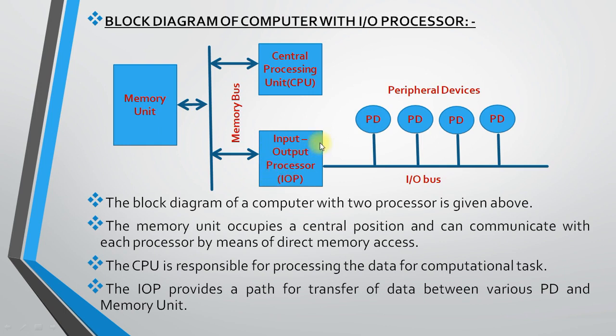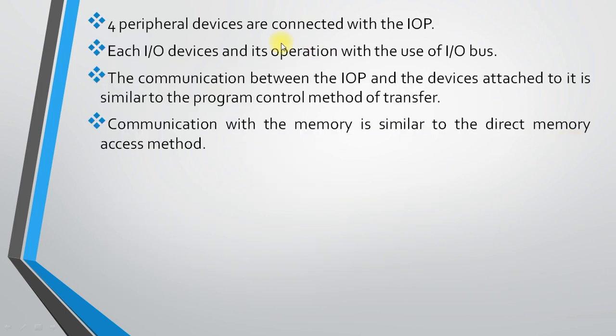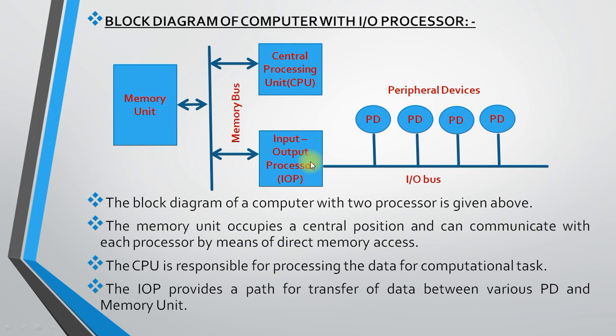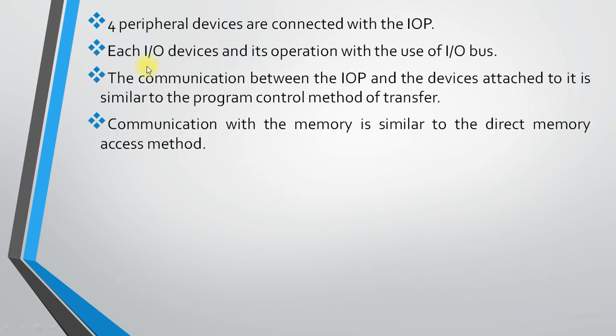So this point you can write: 4 peripheral devices are connected with the IOP. Each IO device operates with the use of the IO bus. Over here we have the IO bus, which gives the facility to communicate between the peripheral devices and the IOP.